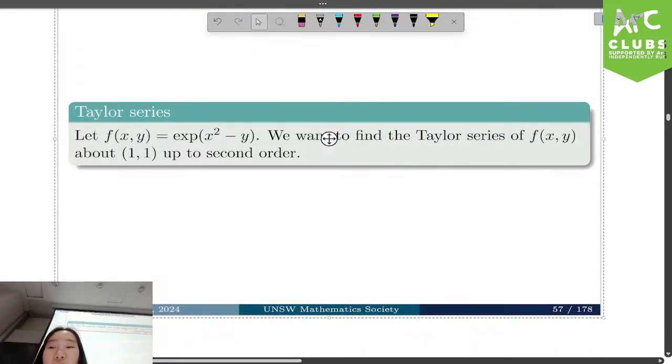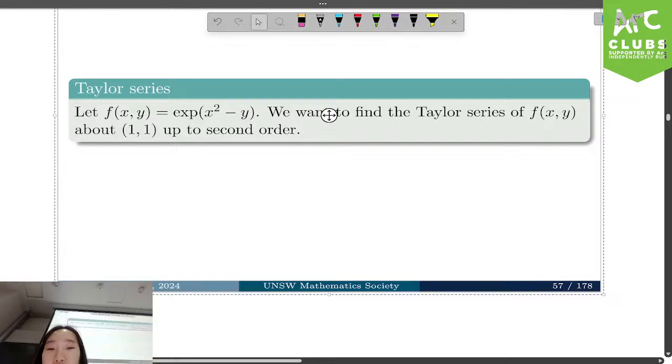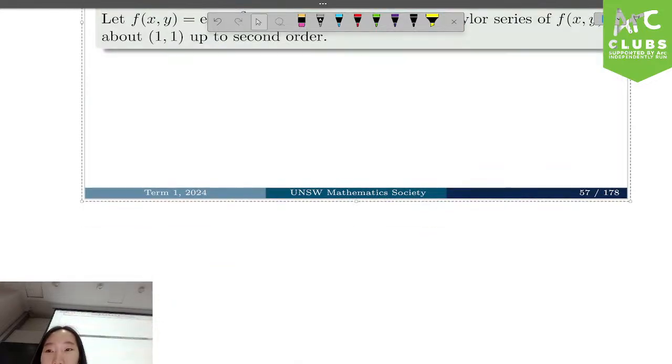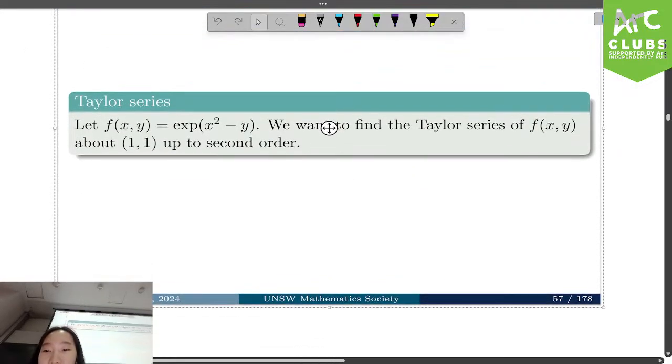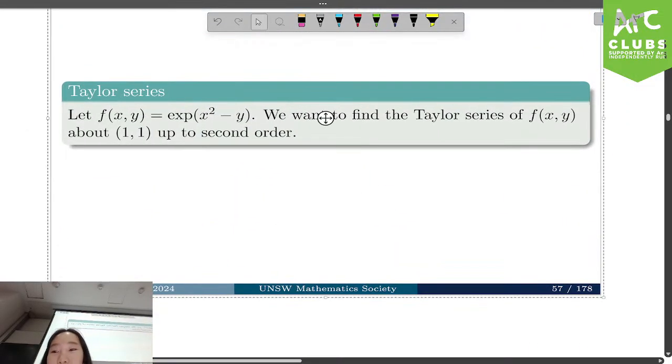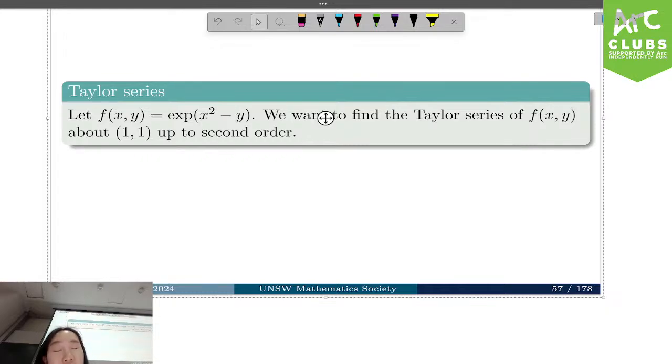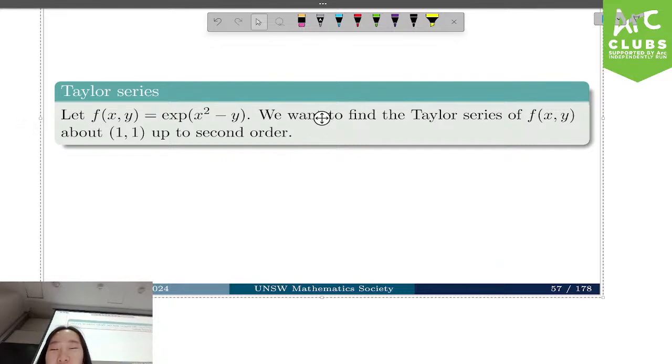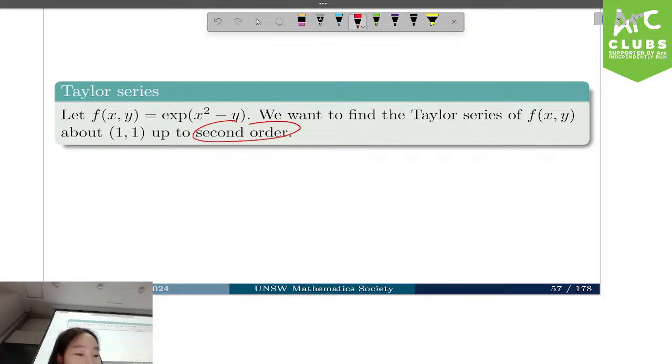All right, so we have a Taylor series problem. We have f equals the exponential function e^(x² − y), and we want to find the Taylor series of f about (1, 1) to the second order. Okay, cool.